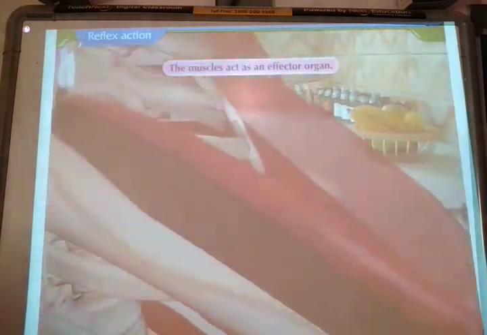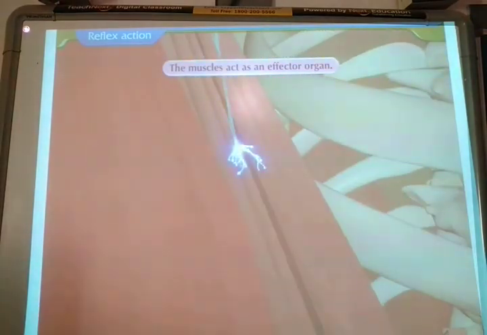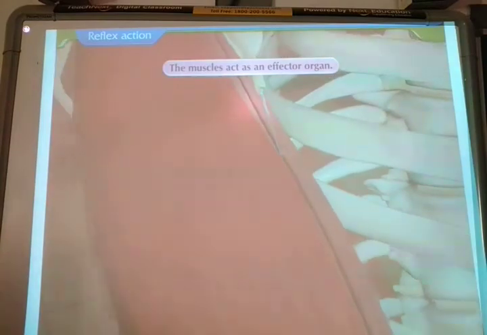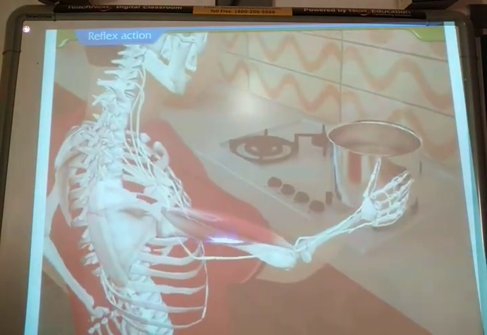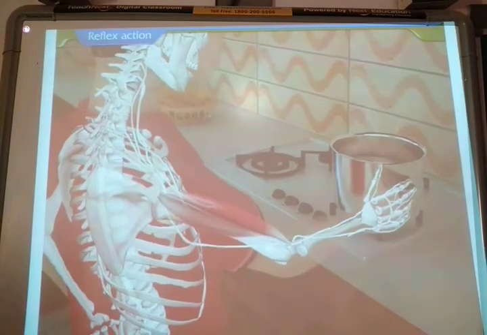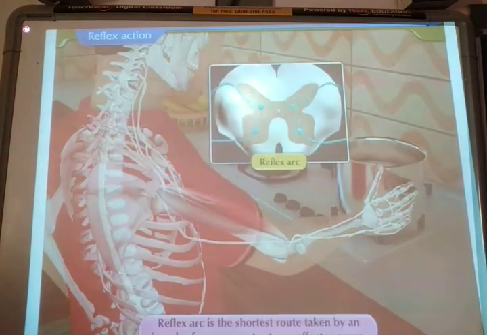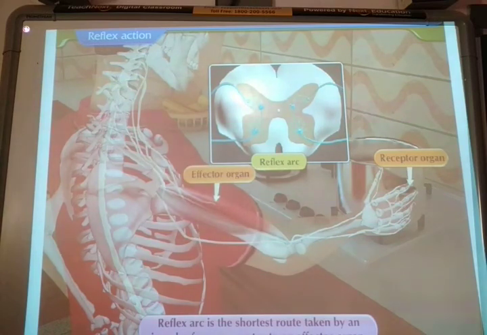Muscles act as an effector organ because it responds to the stimulus perceived by it by exhibiting the withdrawal movement of hand. This pathway along which the impulse travels is called the reflex arc. Reflex arc is thus the shortest route that can be taken by an impulse from a receptor to an effector organ.